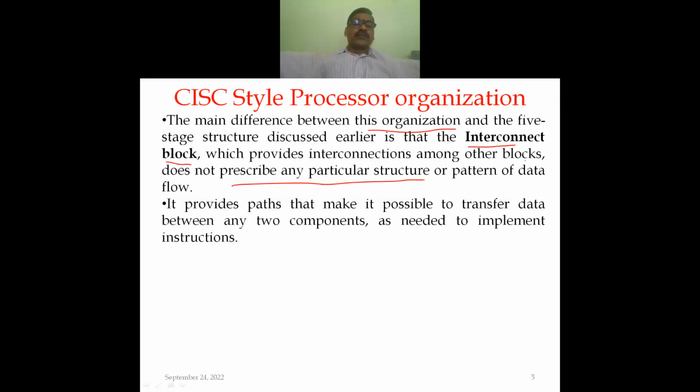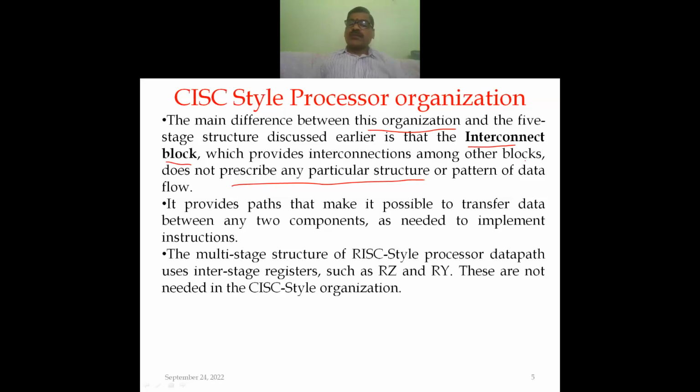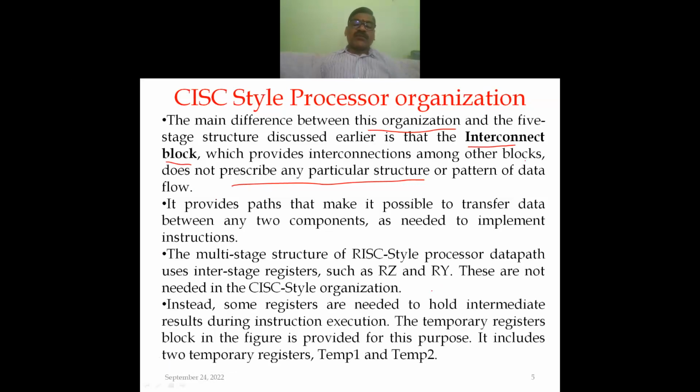That is the responsibility of the interconnect. The multi-stage structure of the RISC style processor data path uses interstage registers such as RA, RB, RZ, RY, etc. These are not needed in the CISC style organization. Instead, some registers are needed to hold intermediate results during instruction execution. The temporary registers block in the previous figure is provided for this purpose, and it has two temporary registers, temp1 and temp2.